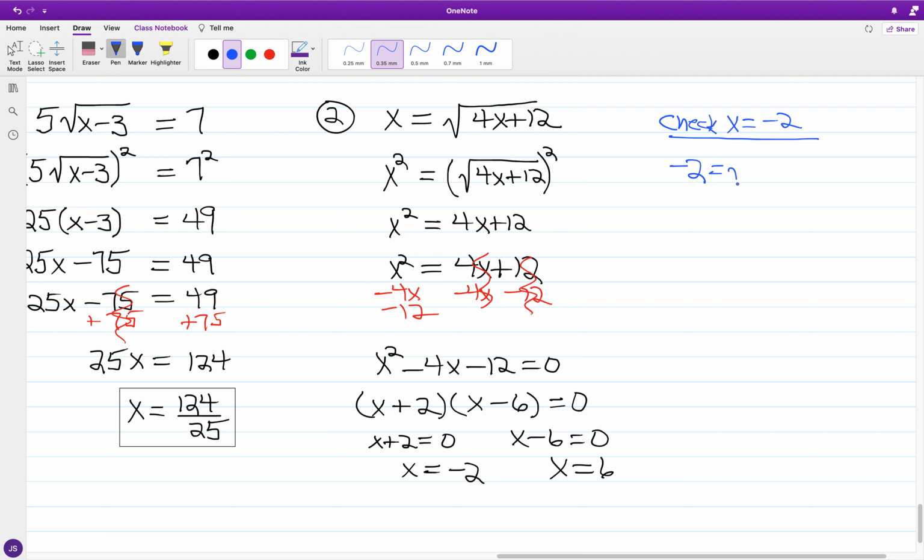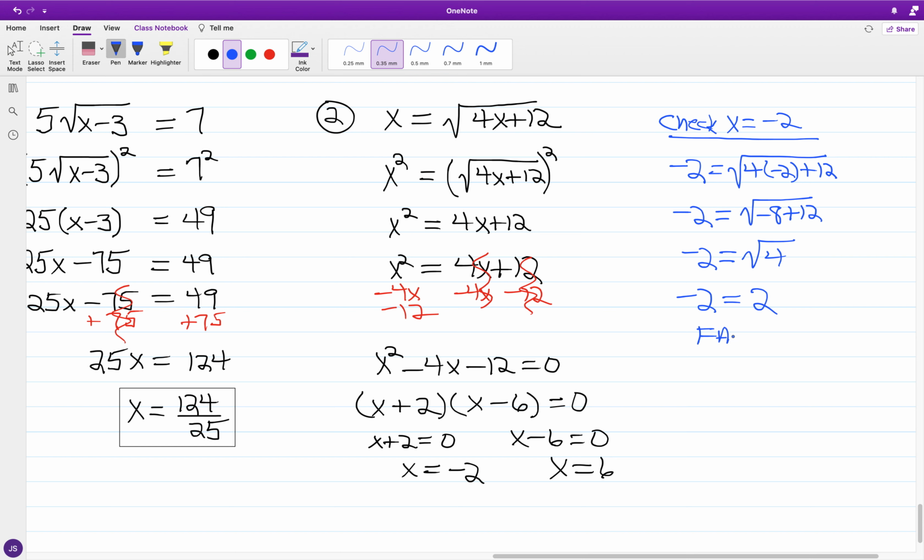To the right, I have the square root of 4 times negative 2 plus 12. 4 times negative 2 is negative 8 plus 12, and so that is going to be 4. And guess what? We have negative 2 to the left. However, the square root of 4 cannot reduce to a negative constant. Negative and positive 2 cannot be equal to each other, so right away x equals negative 2 does not pan out.